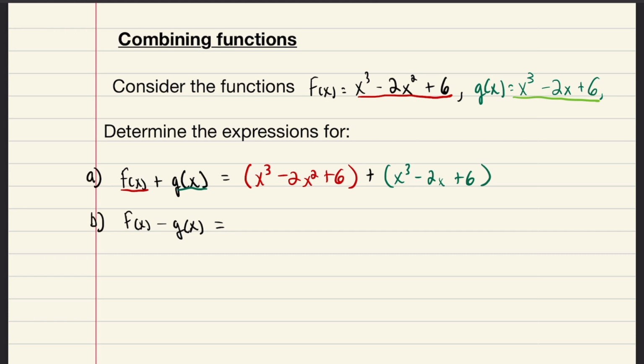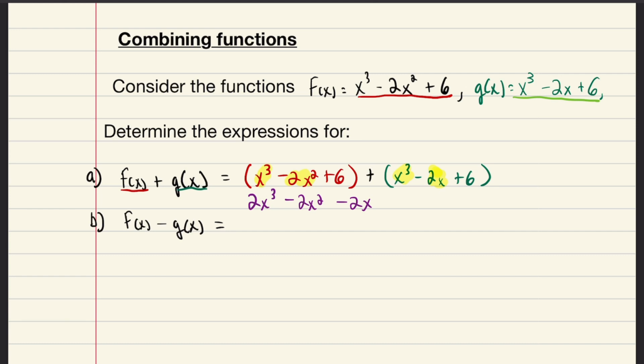So we can combine the like terms: x cubed and x cubed combine to make 2x cubed, minus 2x squared. There is no other x squared there, so we're just going to rewrite that down there since it just carries over. And that's the same with the minus 2x over here as well, so we're just going to write minus 2x.